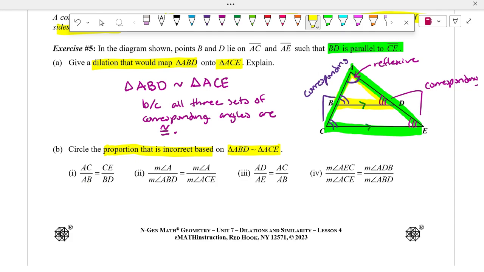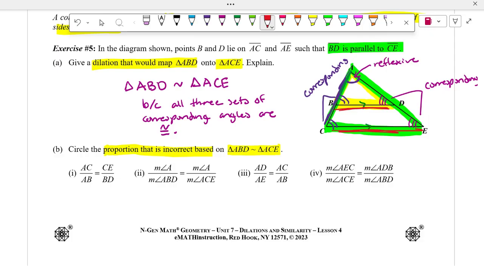So our first proportion is AC over AB. So AB is here, AC is here. First off, are they corresponding sides? Yes, they're corresponding sides of the two triangles. Now, they then say that should be equal to CE over BD. Those are obviously corresponding sides.